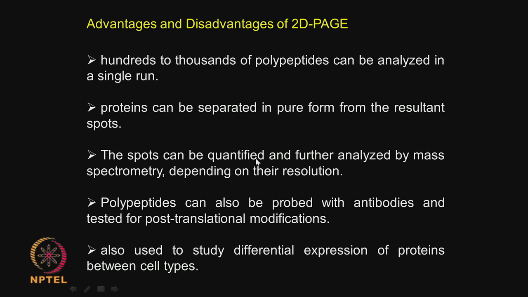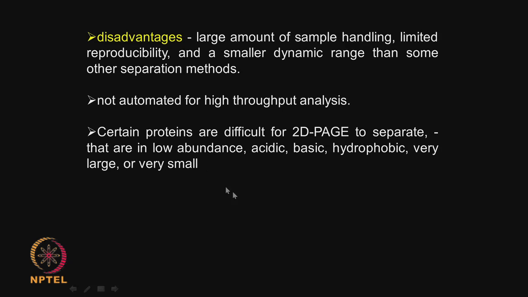The spots can be quantified, we can say the quantity in concentration, and it can be analyzed using mass spec. Polypeptides can also be probed with antibodies. Yes, we can add antibodies and look at post translational modifications. We can look at differential expression of proteins between cell types.